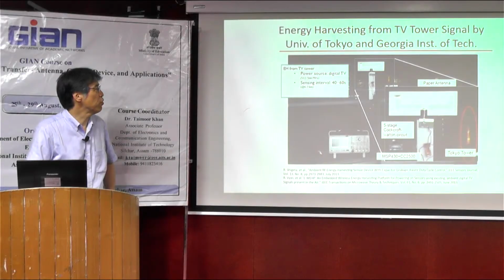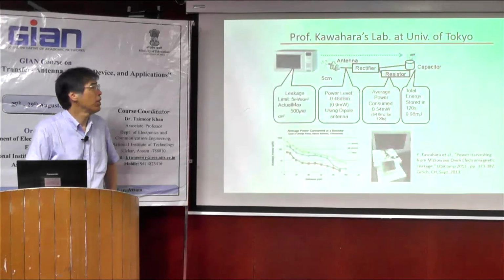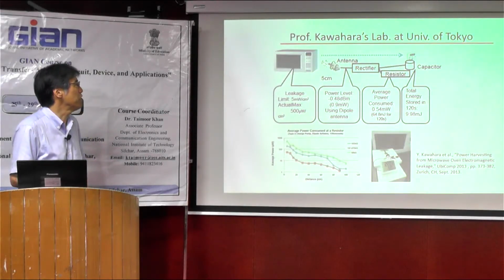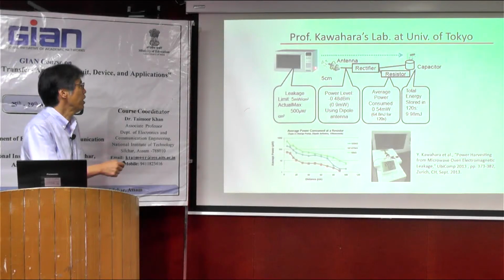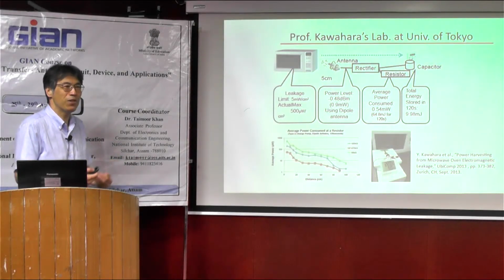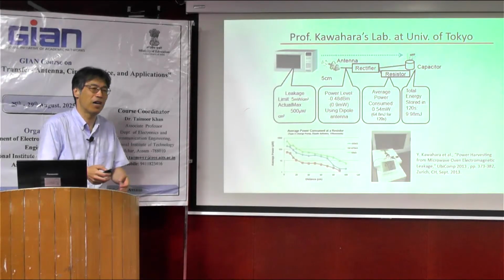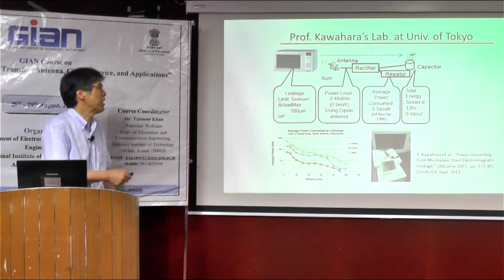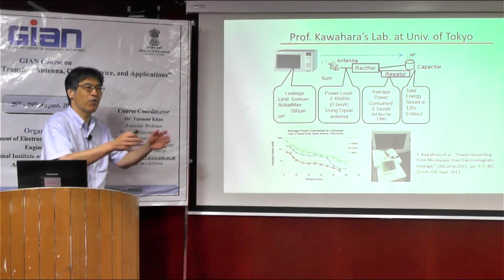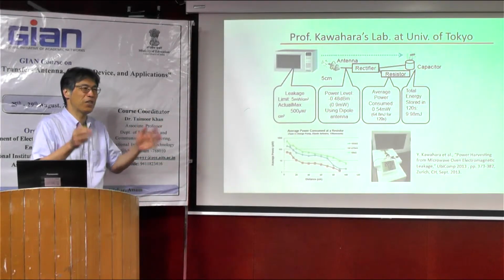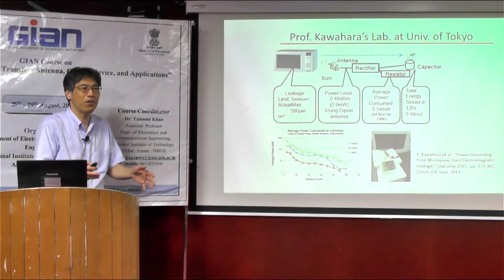And the same University of Tokyo group developed a very interesting energy harvester: energy harvesting from the outside of the microwave oven. Of course, I introduced it yesterday or day two, I forgot. Inside the microwave oven, there is much power, close to 1 kilowatt of microwave power.